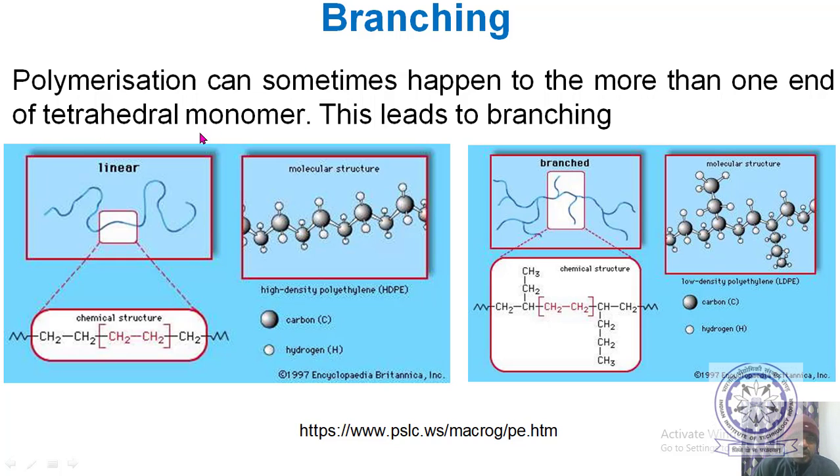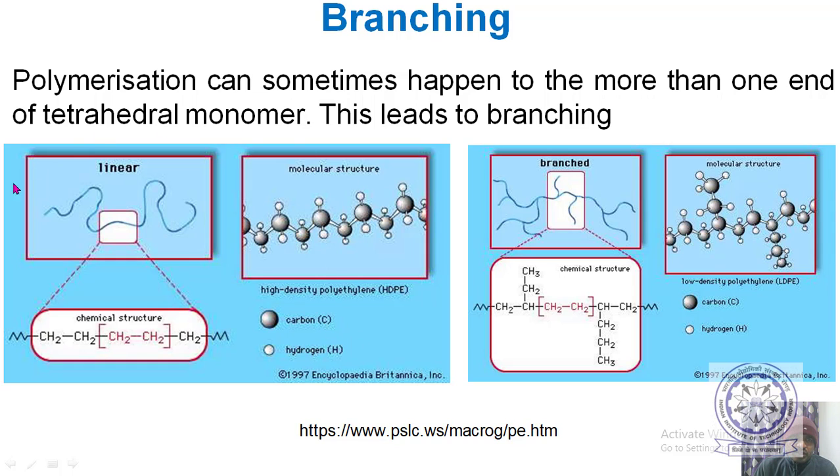Then branching. Polymerization can sometimes happen at more than one end of a tetrahedral monomer. This leads to branching. Here this is a linear portion. You can see the chemical structure CH2, CH2, CH2, CH2 like this, where this one is carbon as indicated, this is hydrogen.